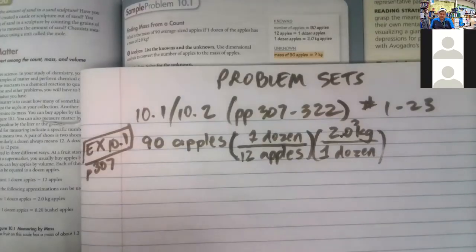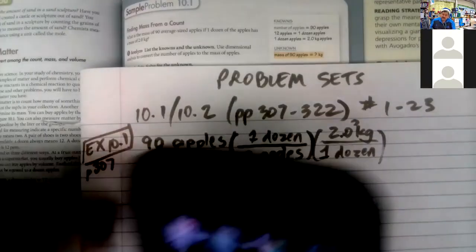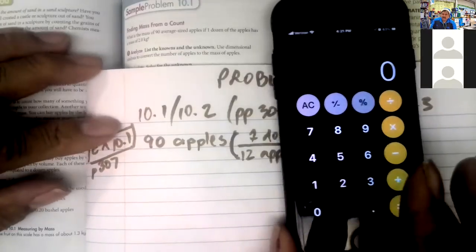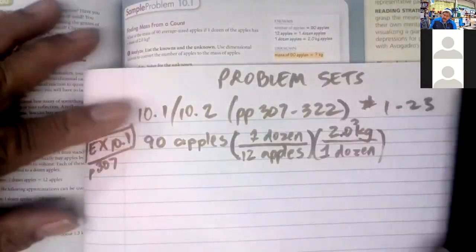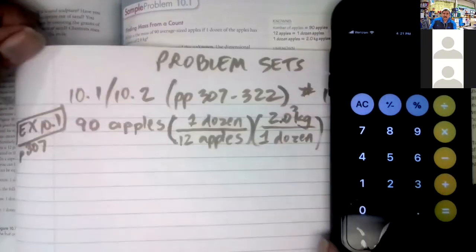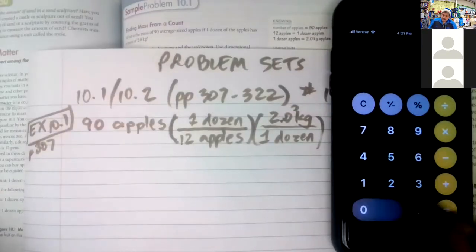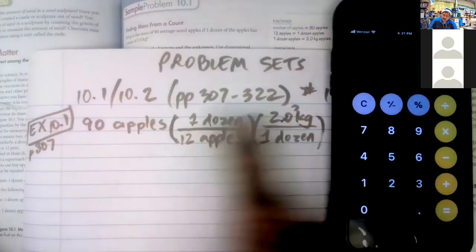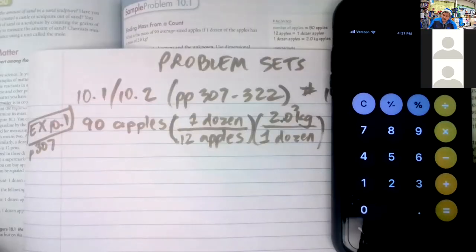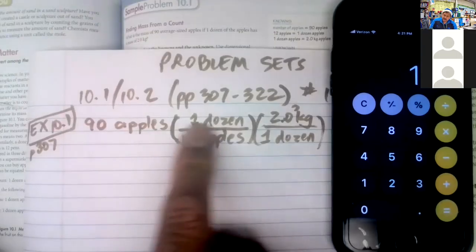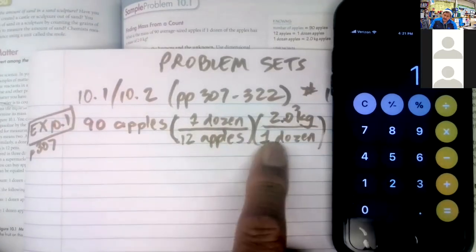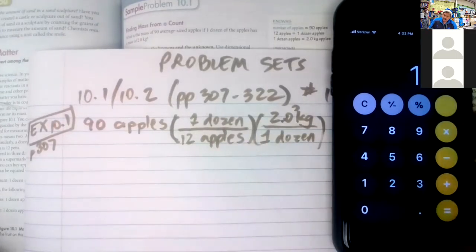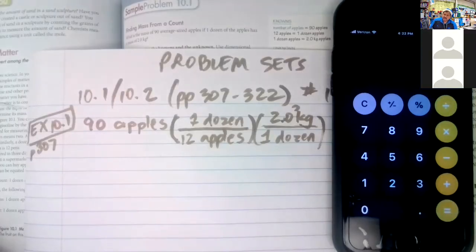okay, so let's go to the phone, get my calculator out, and I have 90 apples times 1 times 2.0 equals, so that's my numerator, divide by 12 times 1, it's just 12. So that is 15.